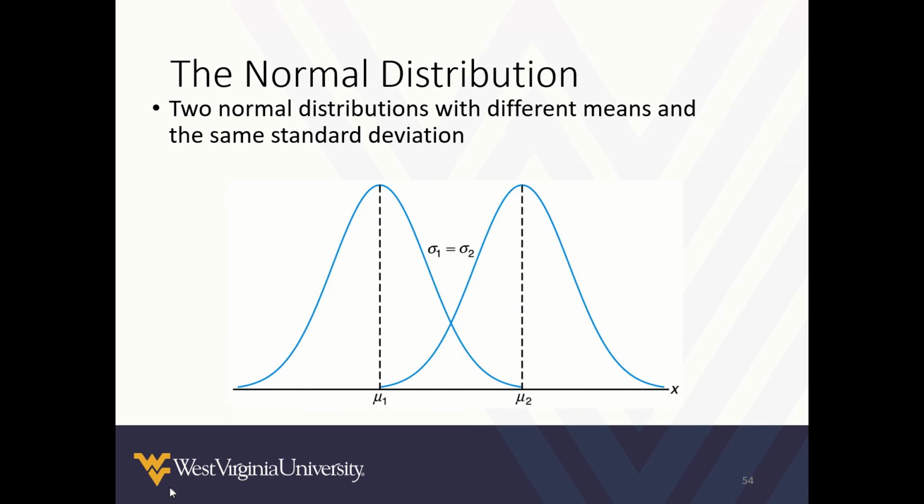So just to talk about some nice properties and to enhance your knowledge of the normal distribution, as we can see here, we have two normal distributions with different means and the same standard deviation. So notice that they have an equivalent distance from the mean, which again, standard deviation, when we're talking about the normal distribution, you can think of it not only as a measure of spread, but also as a measure of distance.